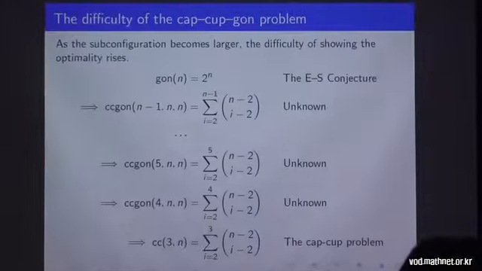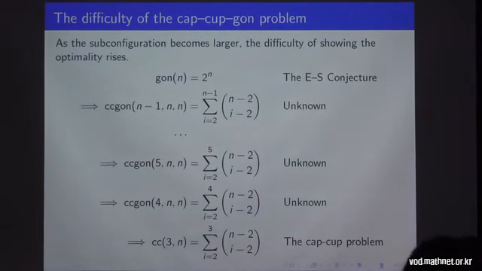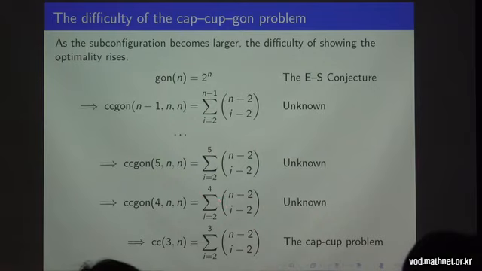You take an (n-1) subsequence. This is unknown, this is unknown, this is unknown, up to CC-4-n. This is even unknown. And then we have the classical cap-cup problem where we know the answer. And this is the reason why I want to focus on this value of CC-4-n.